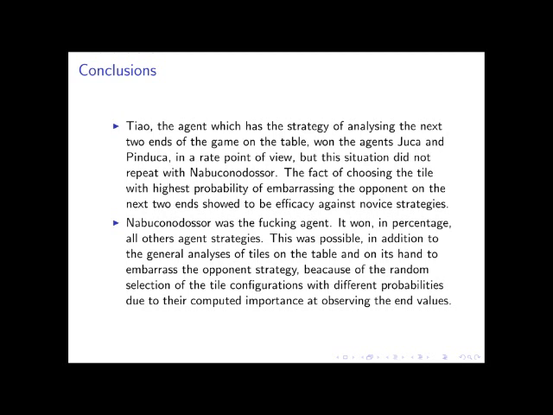This was possible, in addition to the general analysis of tiles on the table and on its hand to embarrass the opponent's strategy, because of the random selection of the tile configurations with different probabilities due to their computed importance at observing the end values.